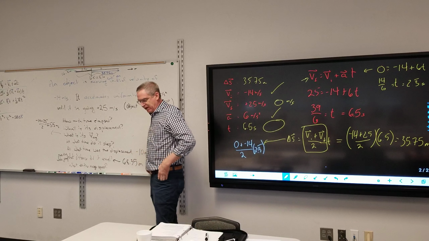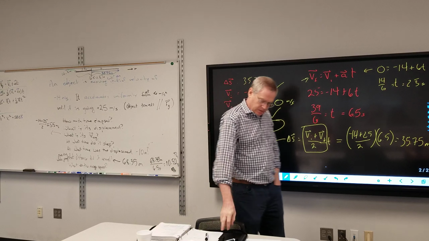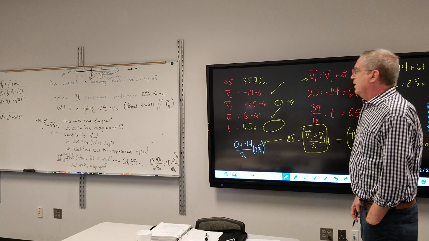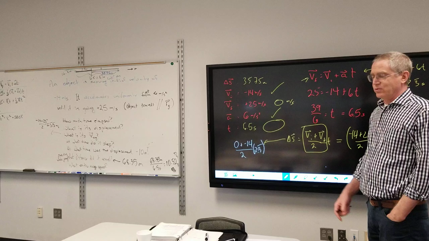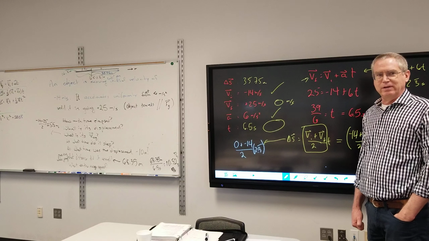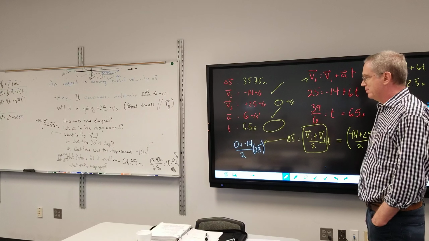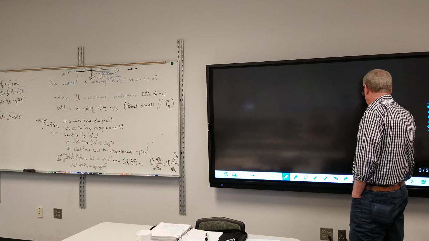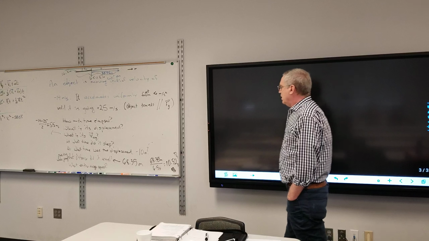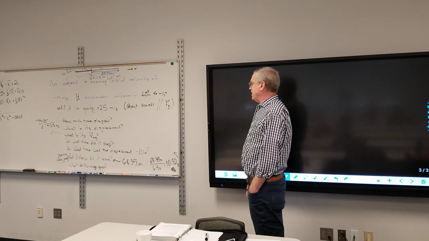I wanted it to actually have an answer. So that's the kind of thing I do on a test where I think, oh, there's going to be an answer here, and then I just throw down a number, and it turns out, nope, didn't work. But it's still a legitimate question. All right, so what time is the displacement negative 10 meters?